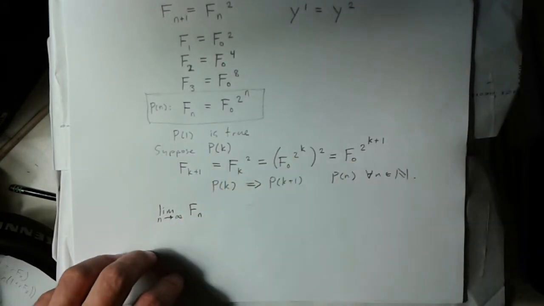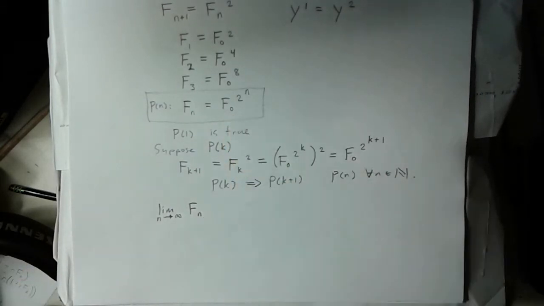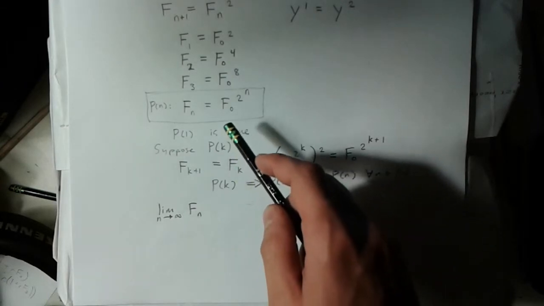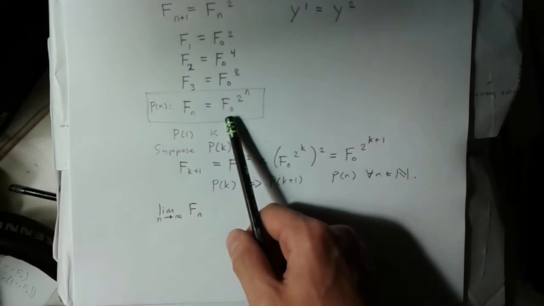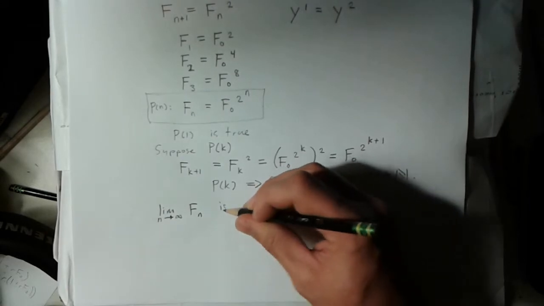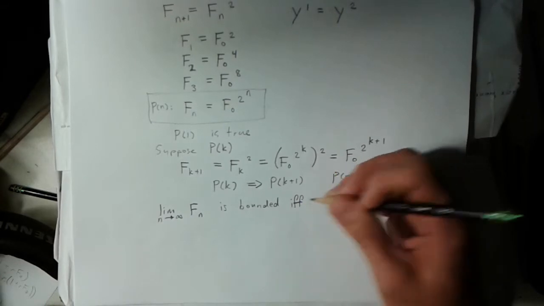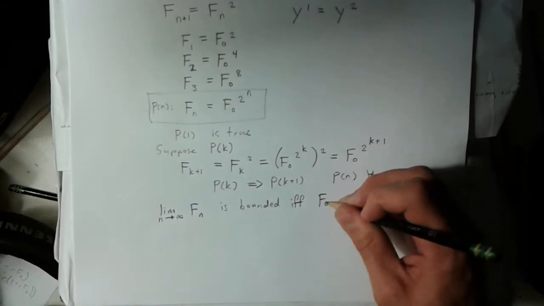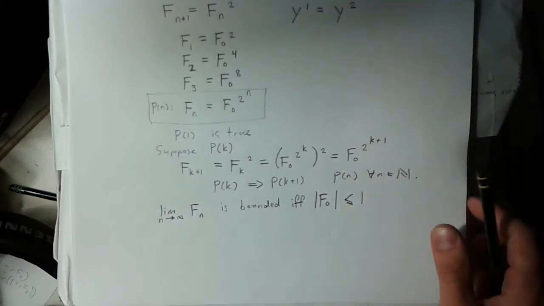But if you look at when this thing's going to converge or diverge, we could say that this thing is going to be bounded if and only if the magnitude of f0 is less than or equal to 1.